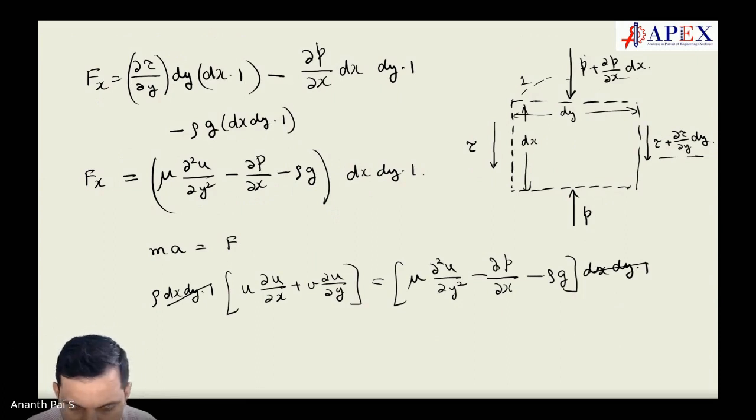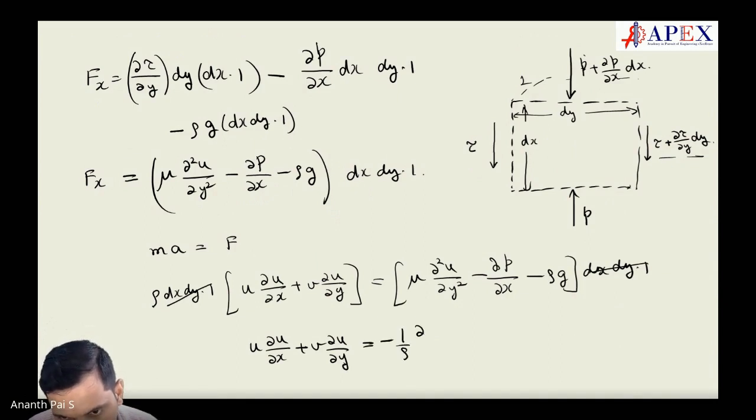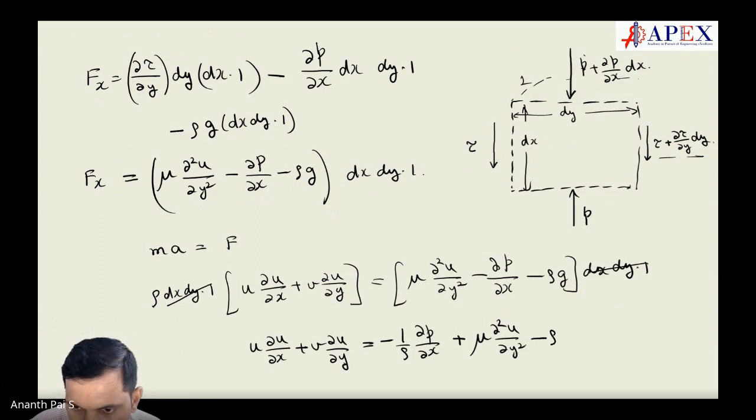Okay. So you can write u dou u by dou x plus v dou u by dou y is equal to minus 1 by rho dou p by dou x plus mu into dou square u by dou y square minus rho g.